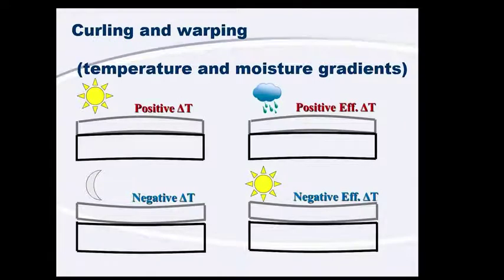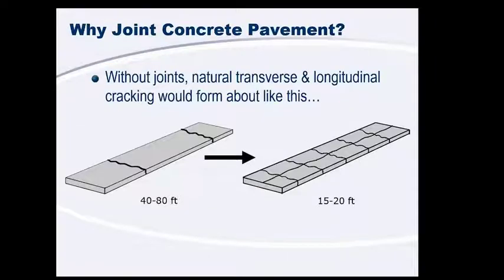Another big reason why we joint concrete pavements is curling and warping. These curling and warping stresses, similar to our shrinkage stresses, will eventually build up enough that we get cracks in our concrete. So what we're trying to control with our joints is when and where the concrete cracks. A natural cracking pattern with concrete pavements is for the initial crack to take place somewhere between 40 and 80 feet.